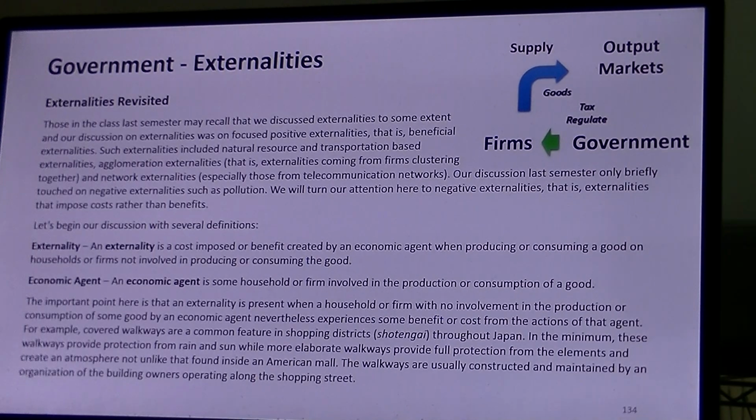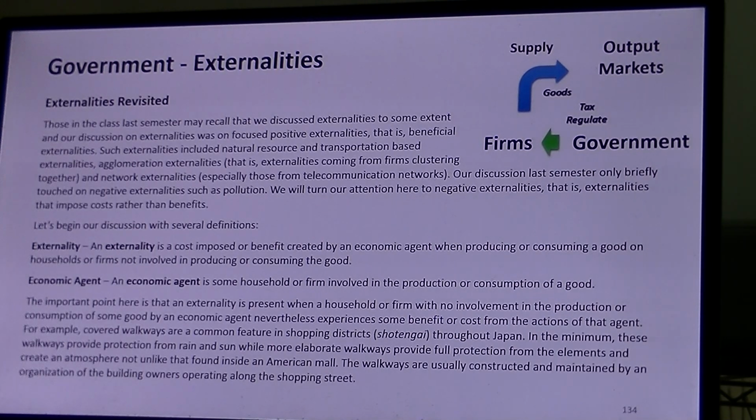Our discussion only briefly touched on negative externalities such as pollution. Now we're going to turn our attention to negative externalities, which are externalities that impose costs rather than benefits.